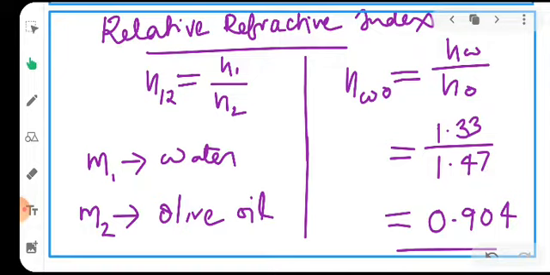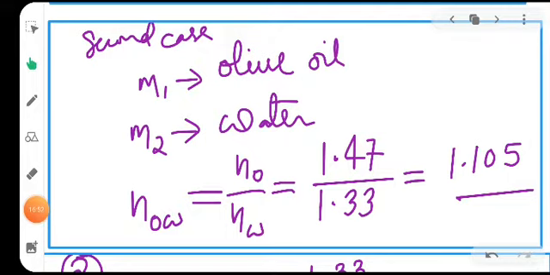So let's move on to the second case. In the second case, we take olive oil as medium 1 and water as medium 2, and we find the relative refractive index of olive oil with respect to water. And what's that? It's the refractive index of olive oil divided by refractive index of water.